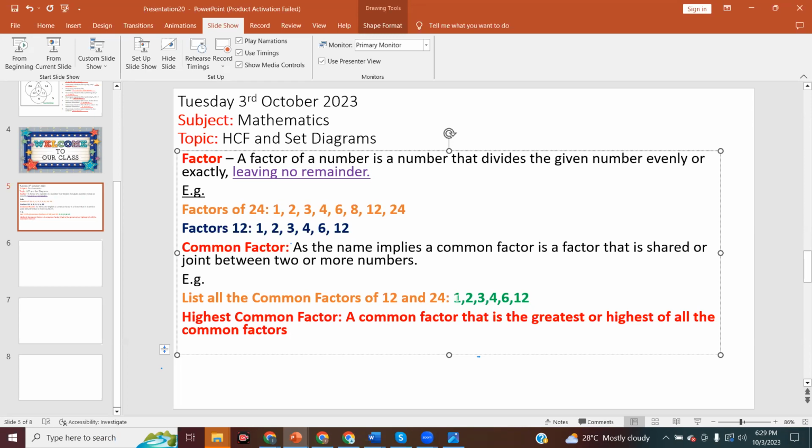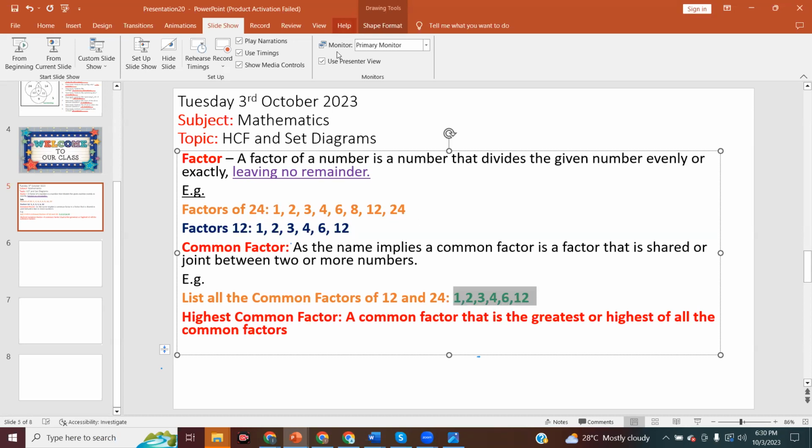Out of all of these common factors, which one is the highest? Out of all of the common factors, which one is the highest? 12.